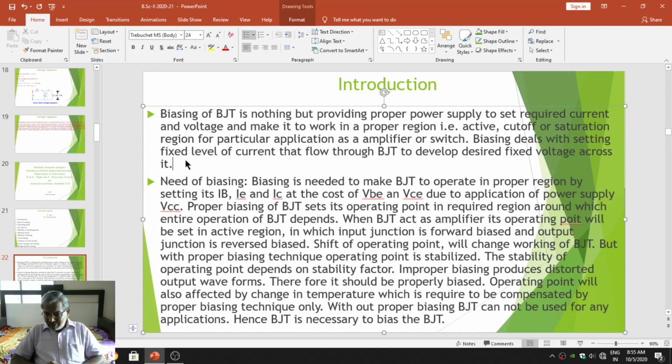But friends, if you connect both the batteries respectively to the input and output junctions, so that both the junctions are reverse biased, then the BJT is going to be operated in the cutoff region. It will not conduct the current at all.